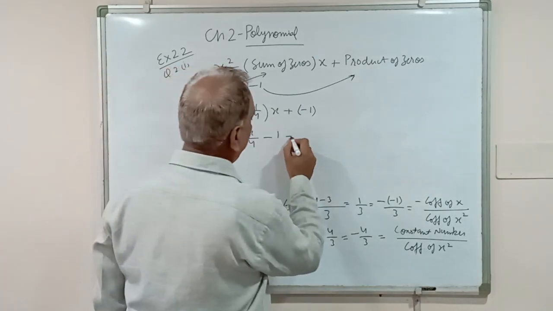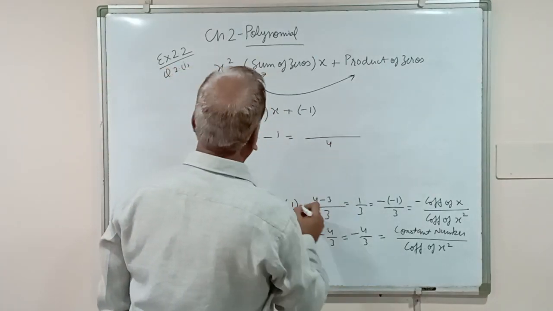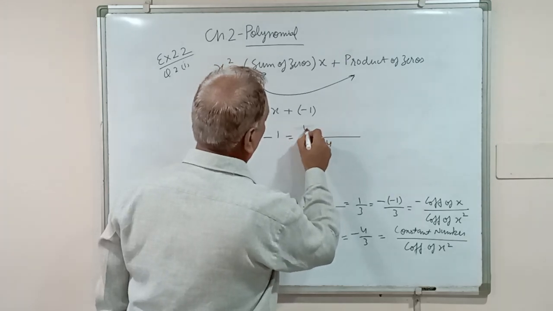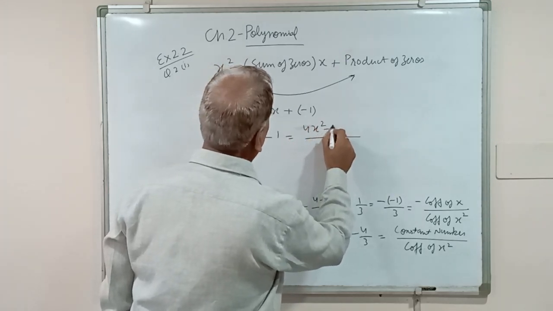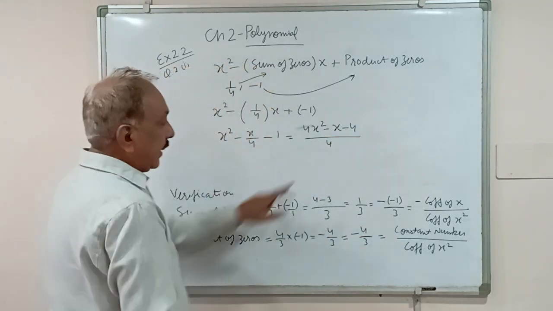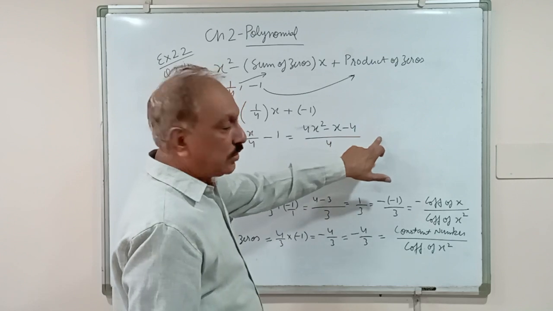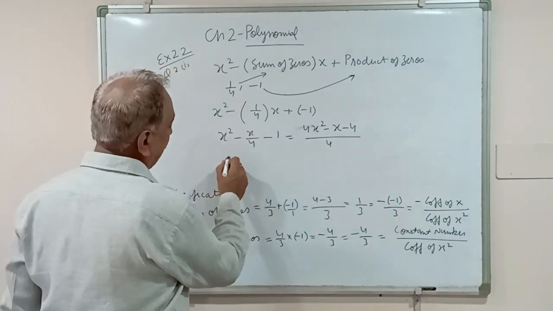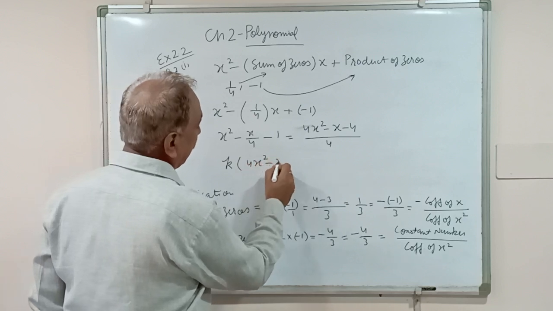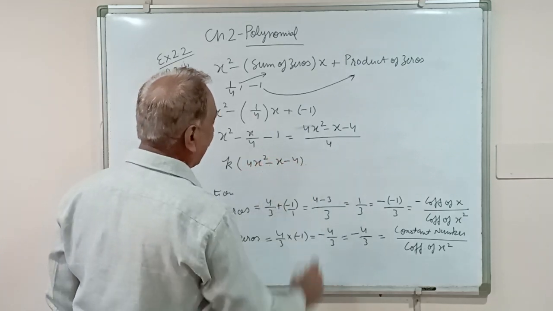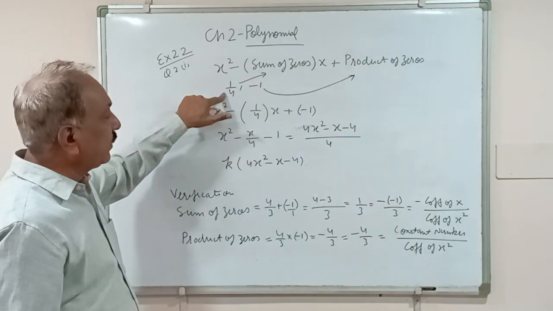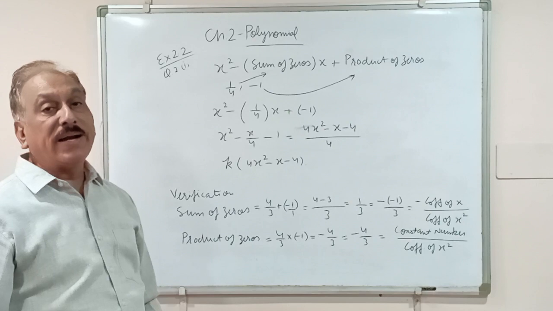Take LCM. This is 4x square minus x minus 4 equals 0. So 4 into 0 is 0. Finally, this is k, any constant number, 4x square minus x minus 4. This is an equation whose sum of zeros are 1 upon 4 and product of zeros are minus 1.